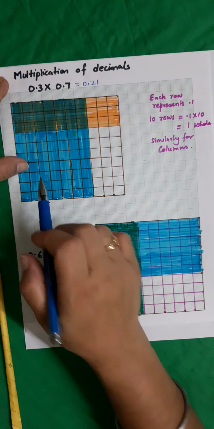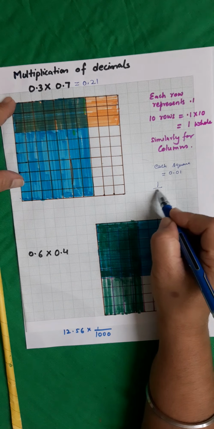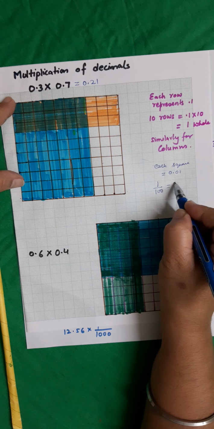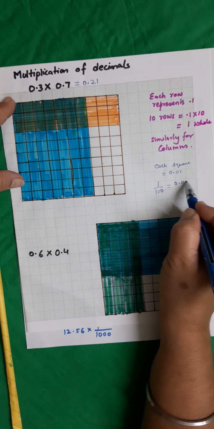This is the 100th part of the whole. So 100th part means 1 upon 100, which is nothing but 0.01. So each small box represents 0.01. So how many boxes are there? 21. So that will be 0.21.